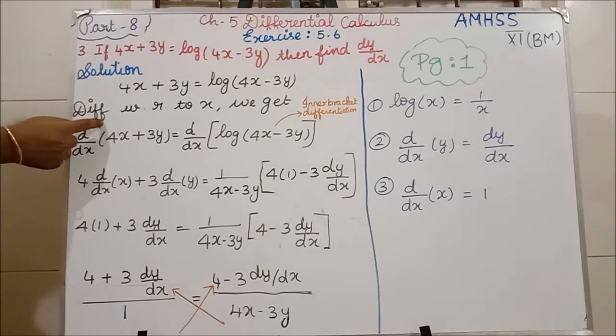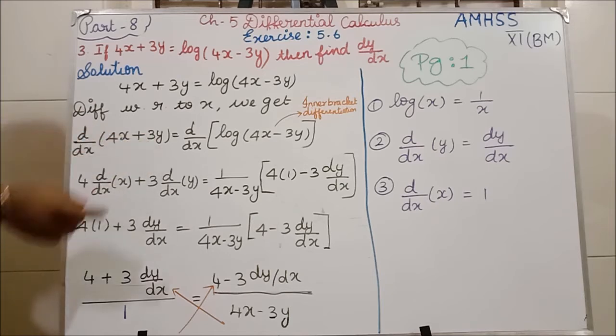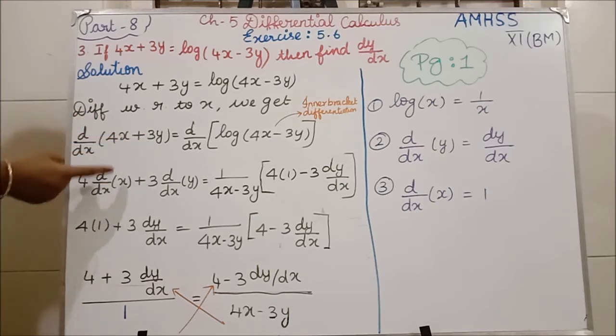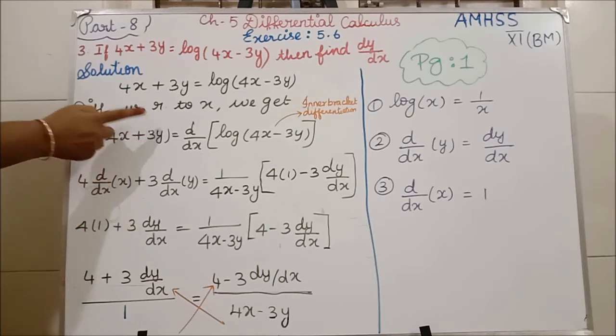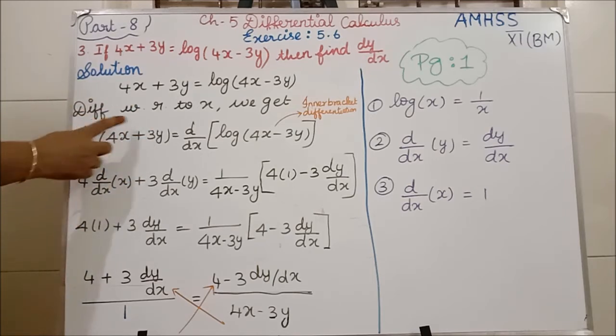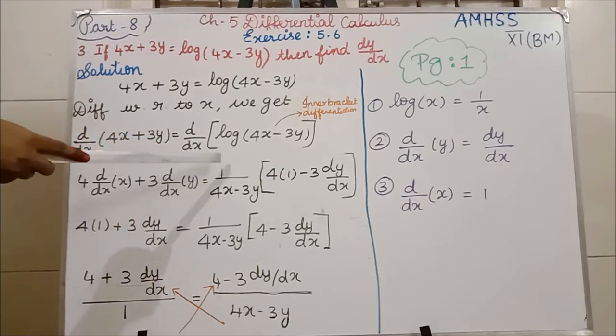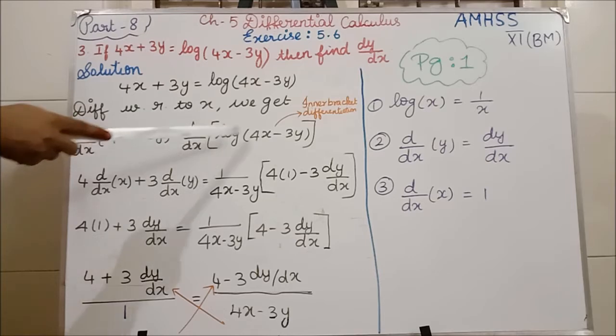The next step, I am taking the d by dx inside. d by dx of 4x, d by dx of 3y. 4 and 3 are constants, so I am writing them before: 4 d by dx of x plus 3 d by dx of y. Clear? Now the differentiation of log x formula.